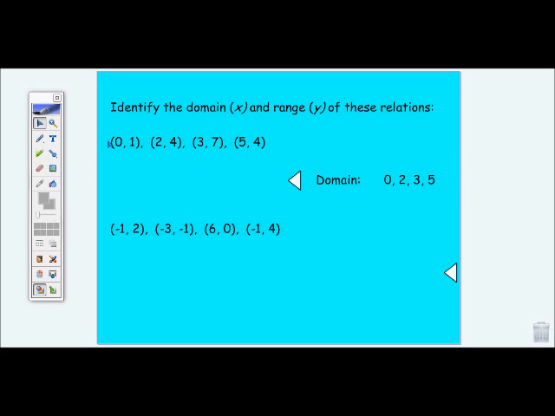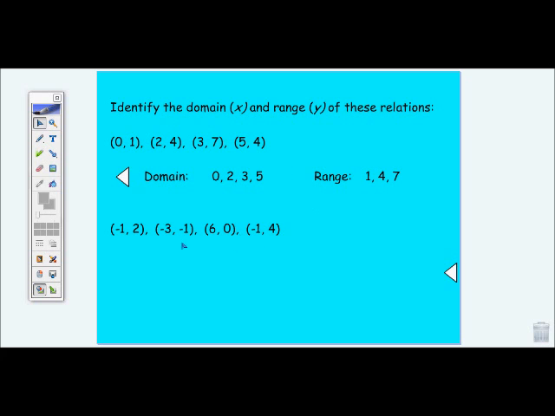I would have 0, 2, 3, and 5. And then the y's, the second coordinate, the range would be 1, 4, and 7. Notice there's another 4, but we do not repeat, and we put them in numerical order.